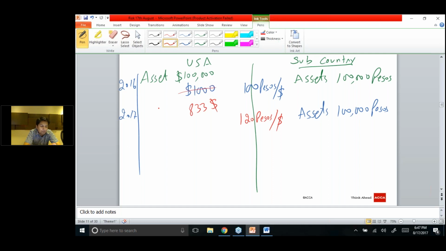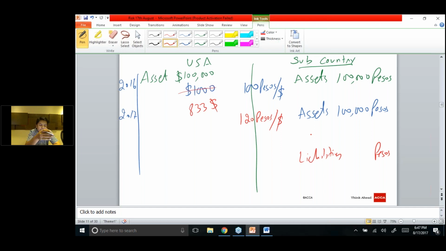What is the hedging method? If your assets are losing their value on translation, try to arrange maximum liabilities in pesos. Because if assets are losing their value on conversion, definitely liabilities will also lose their value on conversion.